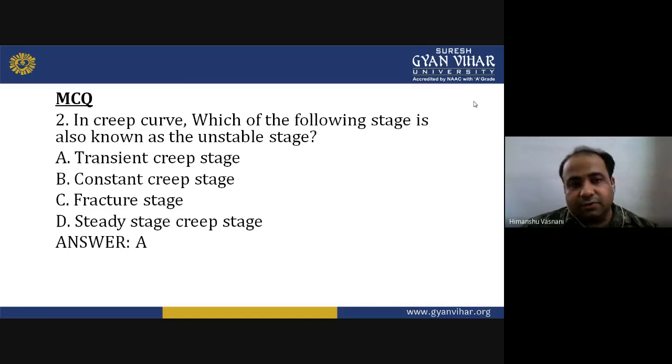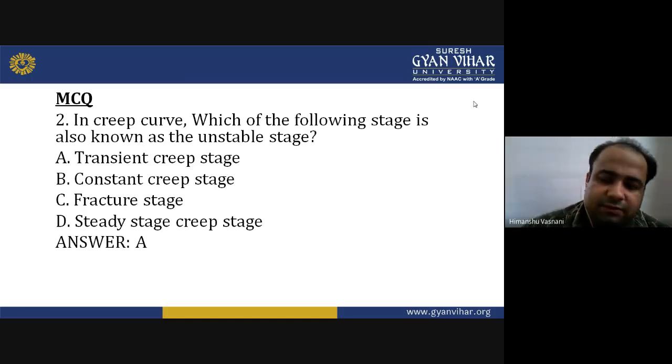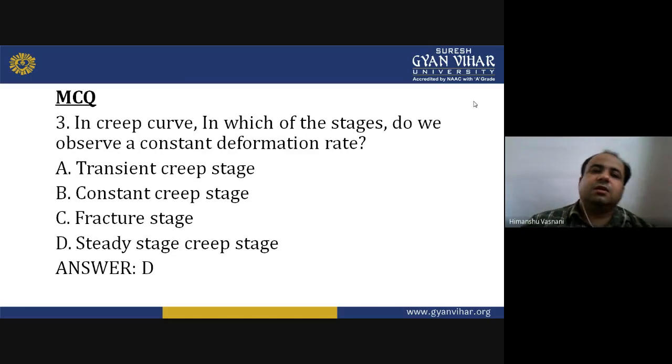Now the second MCQ: in the creep curve, which of the following stages is known as the unstable stage? The transient creep stage is the unstable stage. In the creep curve, in which of the stages do we observe a constant deformation rate? It is called the steady state creep stage.